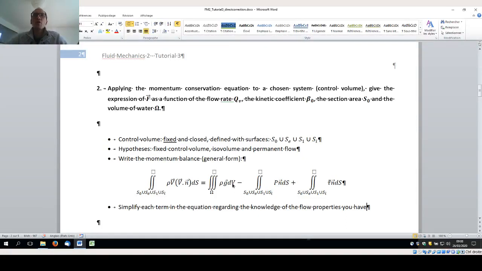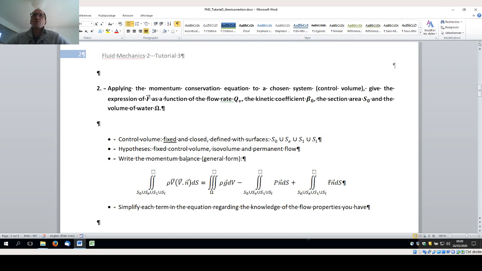But once you have written this equation, you still have the simplification of all terms to do, because you have integrals of pressure and viscous stress tensor on the solid surface, but all the other surfaces also have an important part.